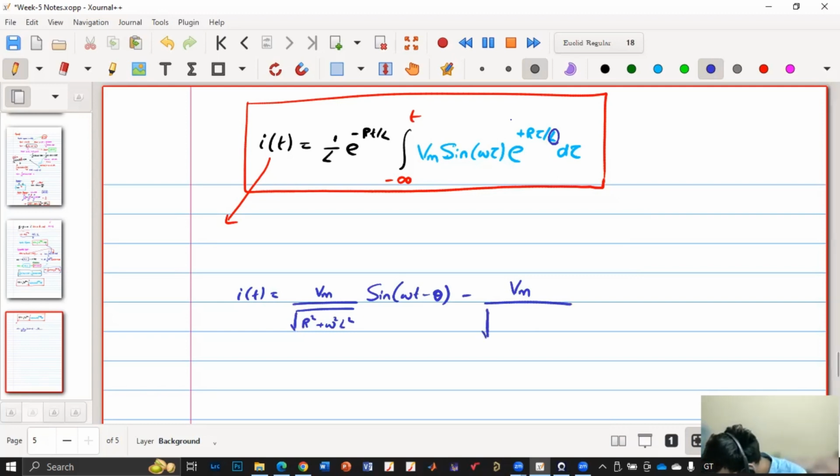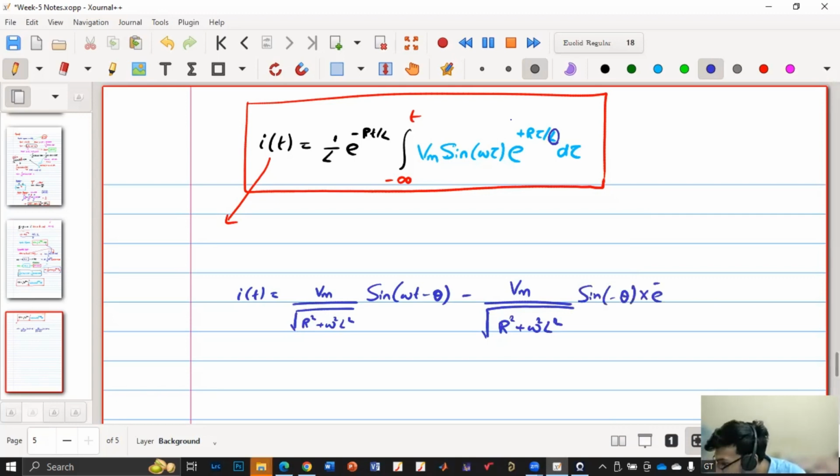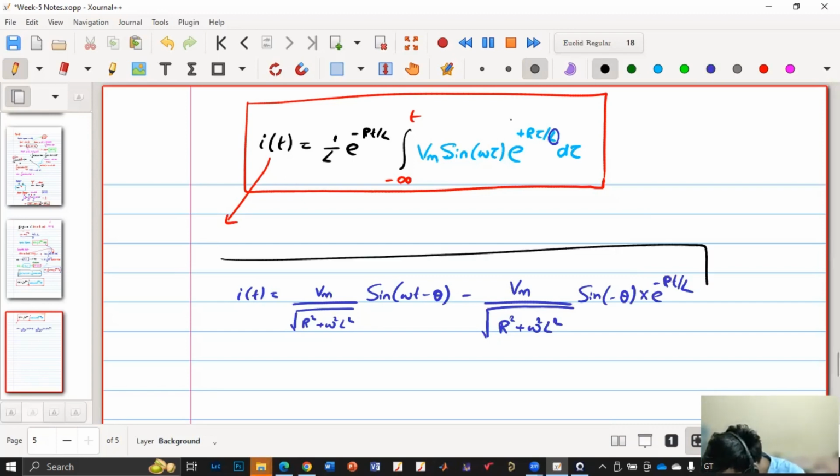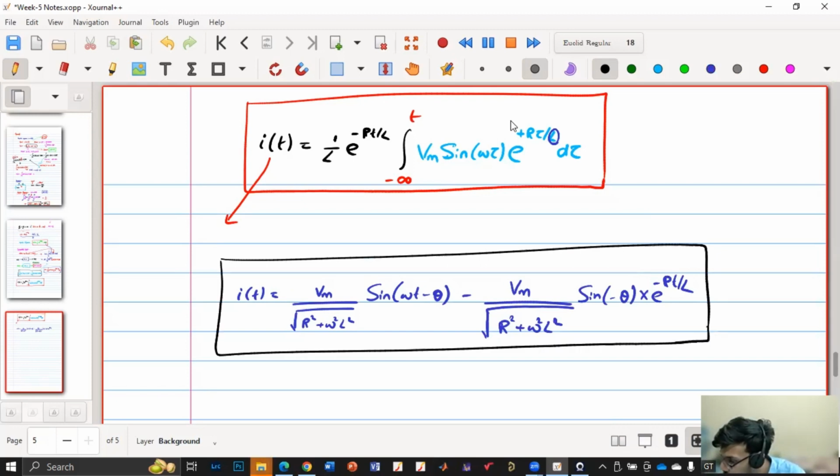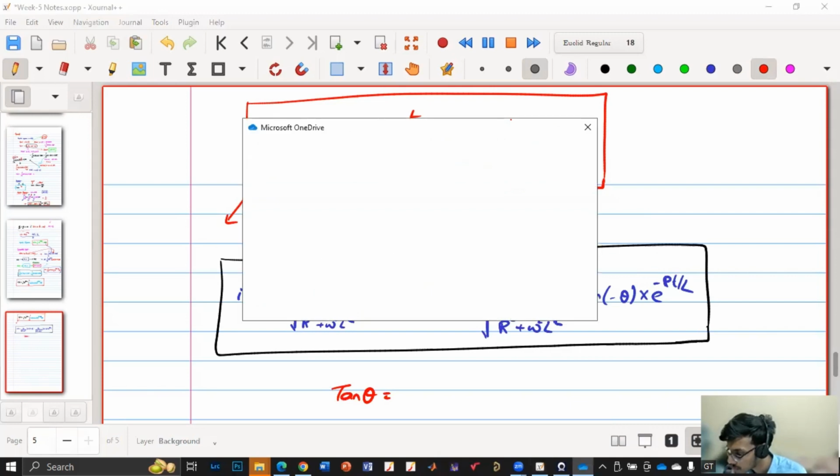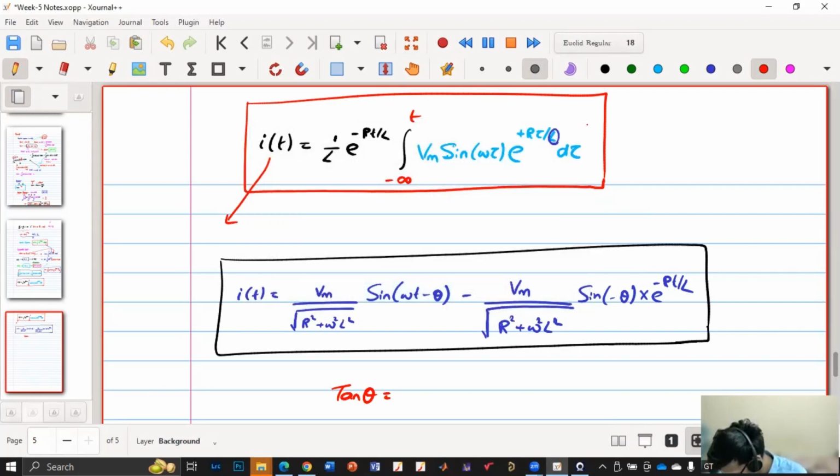If you face any difficulty, you mention it in the comment box, then I'll upload the calculation so that you can cross check, e to the power minus R t by L. So this is the expression that we will be getting, where tan theta is equal to, how much? Tan theta is omega L by R.